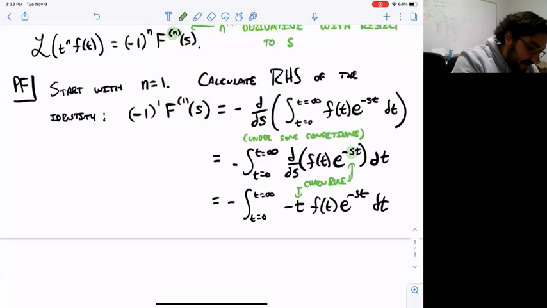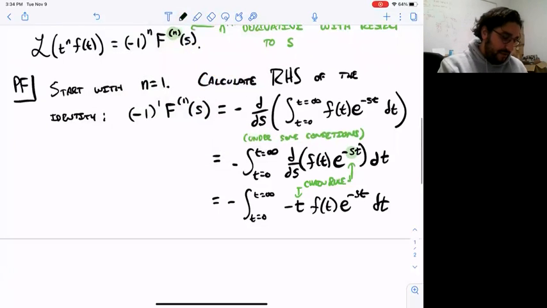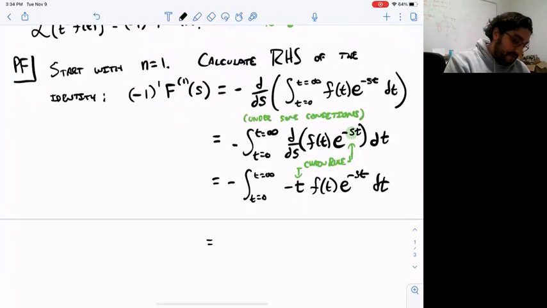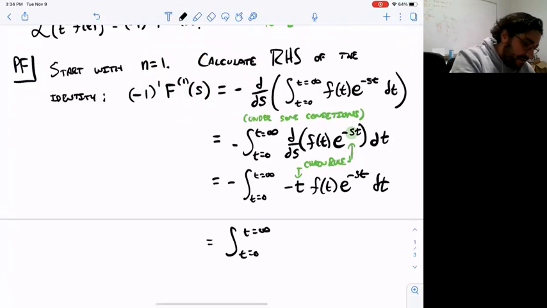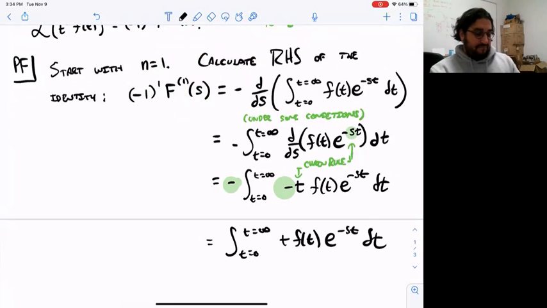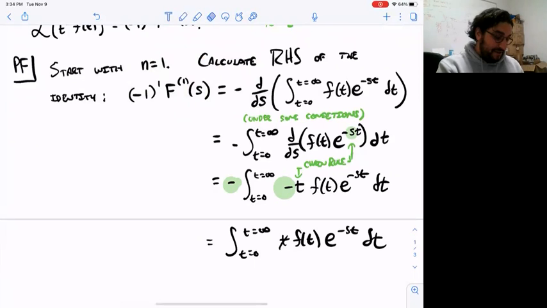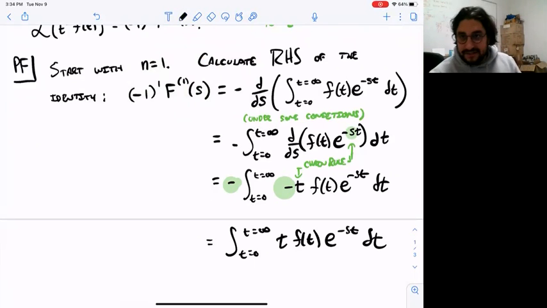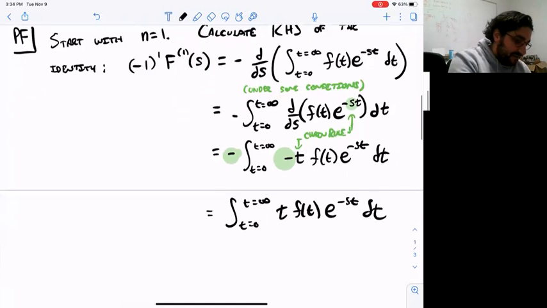All right, next, what happens? Well, the negative sign we can factor out of the integral, so cancel the double negative. And now, if you think back to the definition of the Laplace transform, this is a Laplace transform, but not just of f of t.